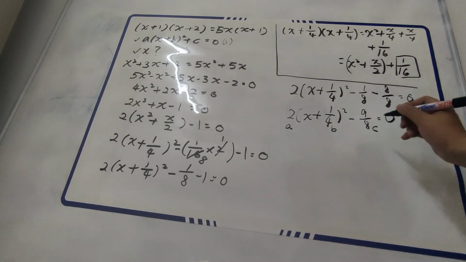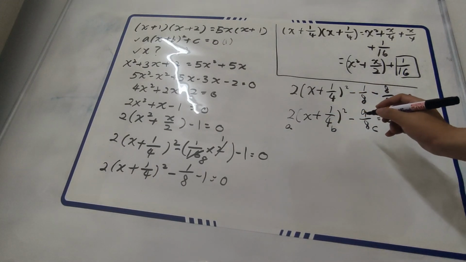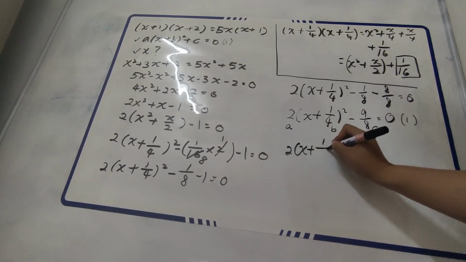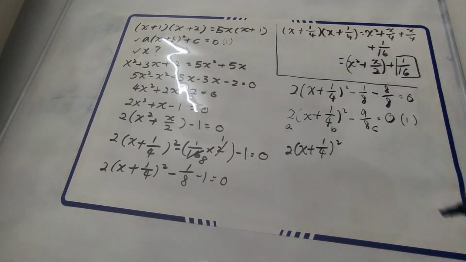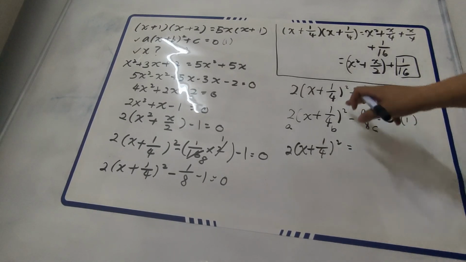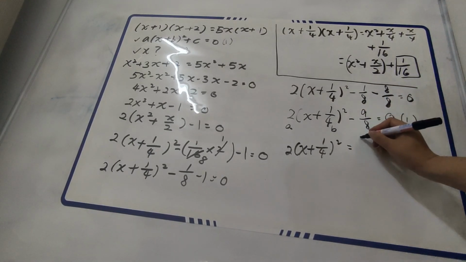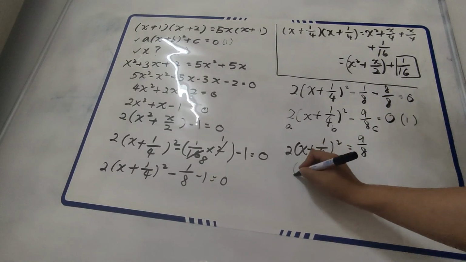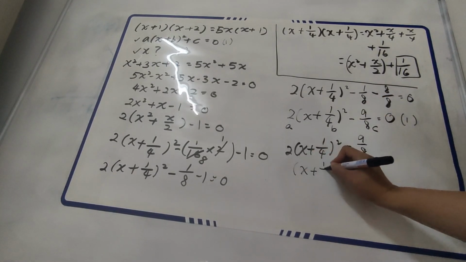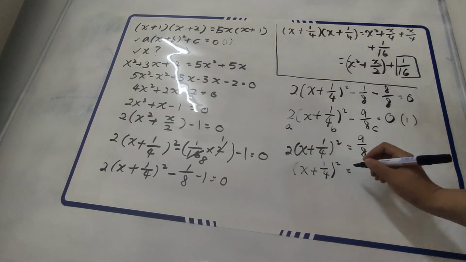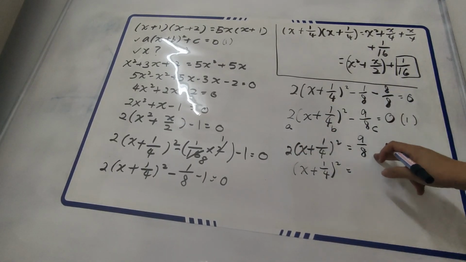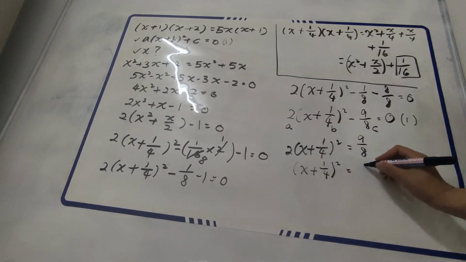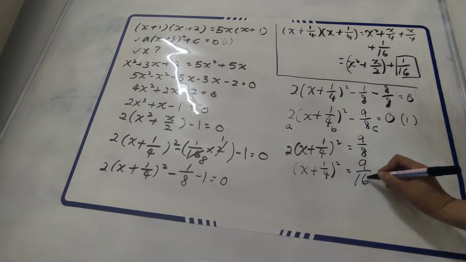And what is x? So 2 (x plus quarter) squared is equal to, you move this term to the right hand side, 9 over 8. And then (x plus quarter) squared is equal to, divided by 2, because here is multiply, you move to the right hand side, divide. So it is 9 over 16.